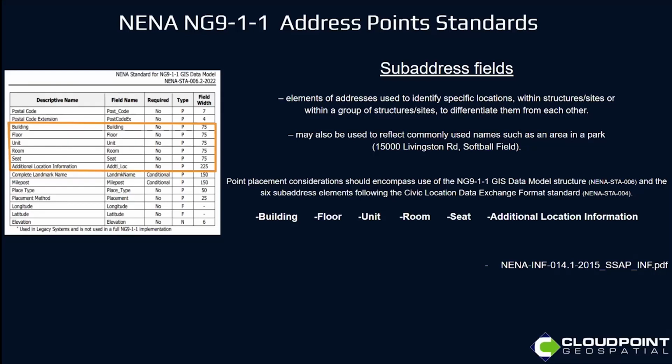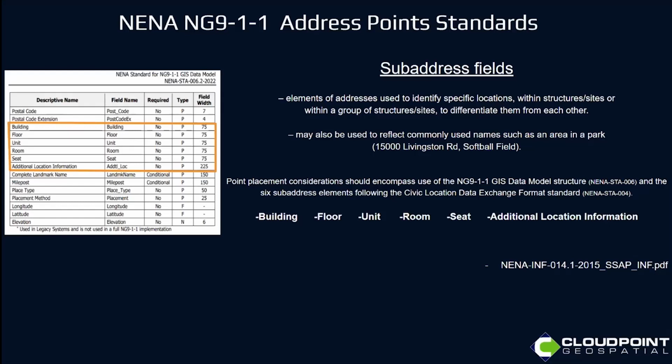So these are elements of addresses that identify a specific location within a greater site or structure. They can also be used to refer to commonly used names as well. We have 6 fields: building, floor, unit, room, seat, additional location information. So quite a few fields to utilize.